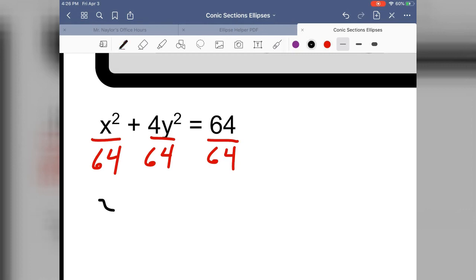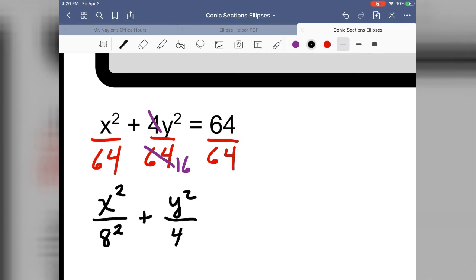Let me help you to continue to try to think about this in standard form, meaning maybe thinking of 64 as 8 squared right now. See how we like to think of it when that's in that factored form? Of course, we can also do a little bit of simplifying with 4 and 64 so that the denominator becomes 16. But really, we want to write that as y squared over 4 squared. And then, of course, we have our wonderful 1.